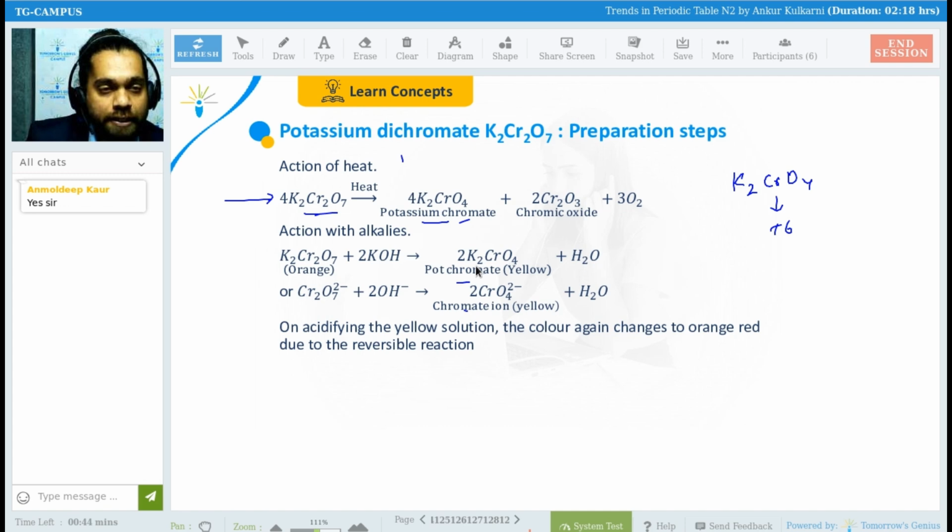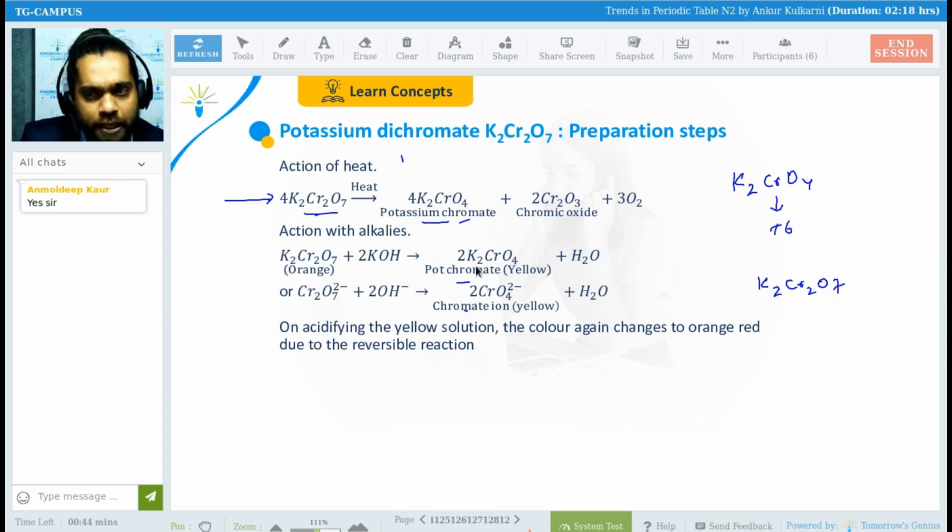Check in dichromate, K₂Cr₂O₇. I am talking about a single chromium, Anmoldeep, not both the chromiums.